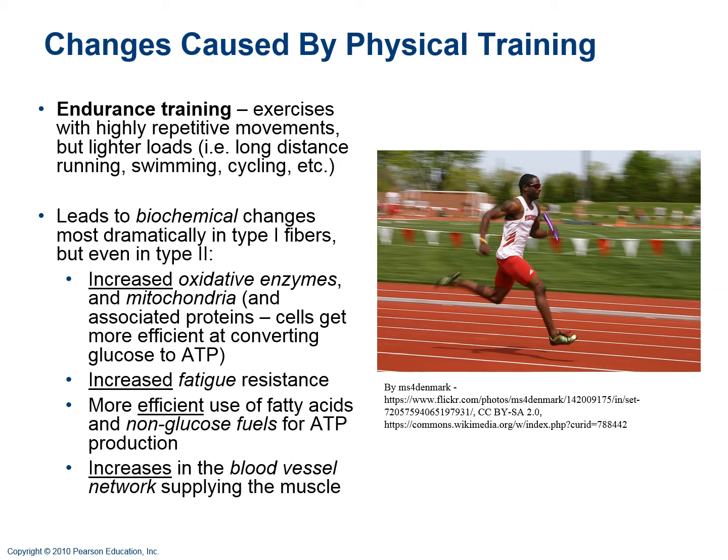So this means that the cells become even more efficient at converting glucose into ATP. You see increased fatigue resistance as a result. Cells also become more efficient at using fatty acids and non-glucose fuels for ATP production, probably because of those oxidative enzymes. And we also see increases in the number of blood vessels that supply the muscles.